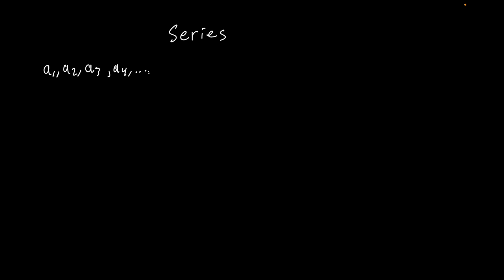But now we're going to be doing something new. Instead of only looking at the numbers, we are actually going to add them. So if a sequence is a list, then a series is a sum of that list. For example, let's say you have a sequence of 1/2, 1/4, 1/8, 1/16, and it just keeps going forever.